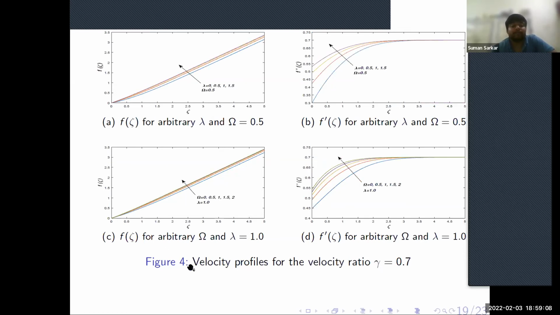In figure 4, velocity profiles are plotted for the ratio gamma equal to 0.7, and in all cases it is noticed that the velocity increases for increasing values of both parameters, lambda and omega.